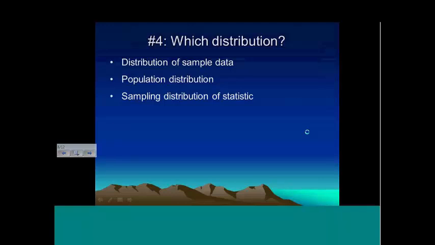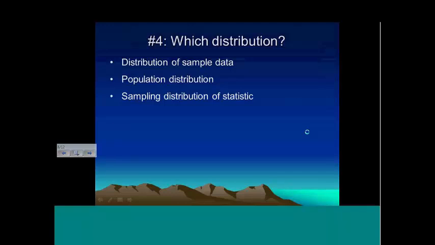That is the value of the statistic in all possible samples of the same size taken from the population. And often the sampling distribution of the statistic follows a nice approximately normal pattern if certain conditions are met. So distinguishing between these 3 distributions is difficult.